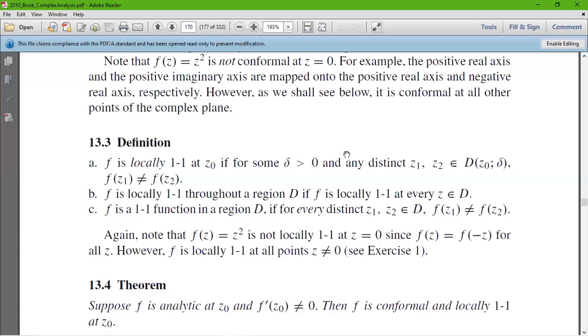Then we can say that f is a one-to-one function in the region D, not just locally one-to-one.